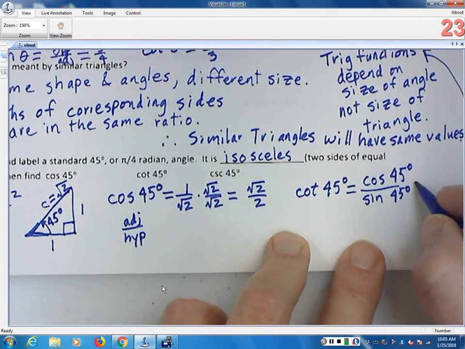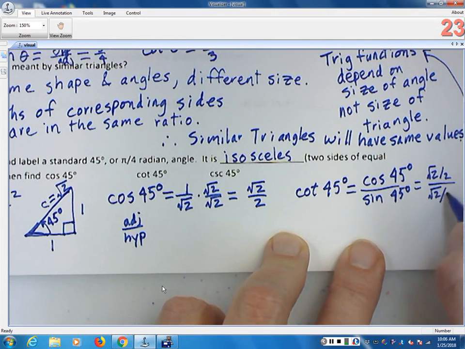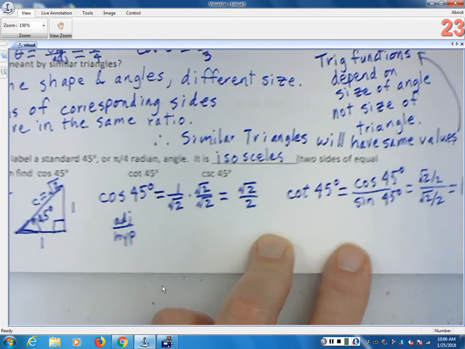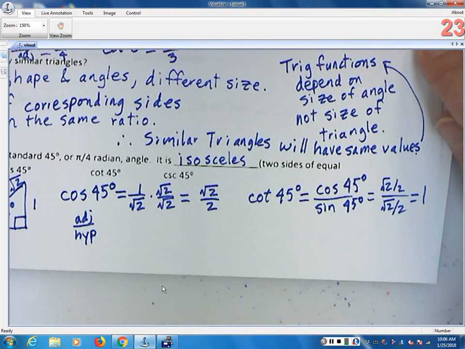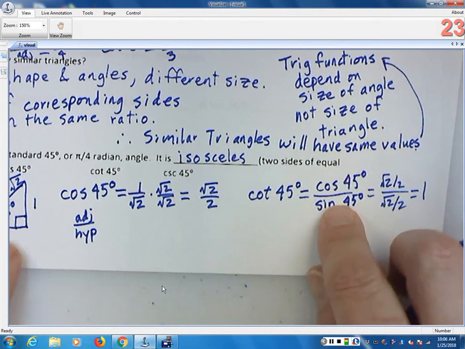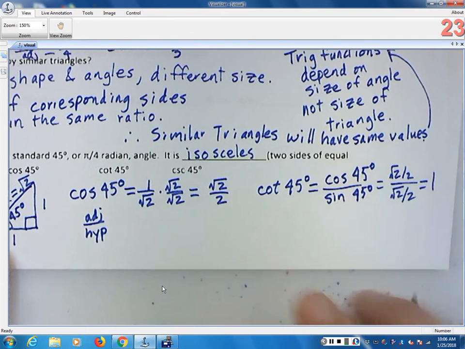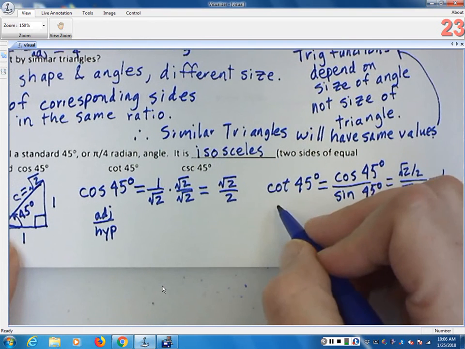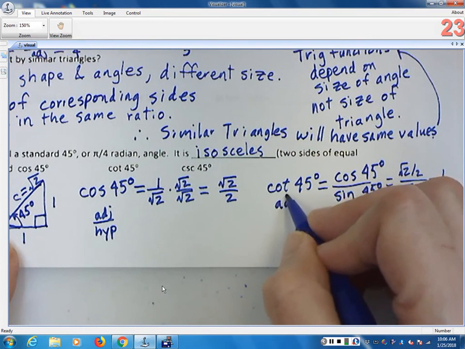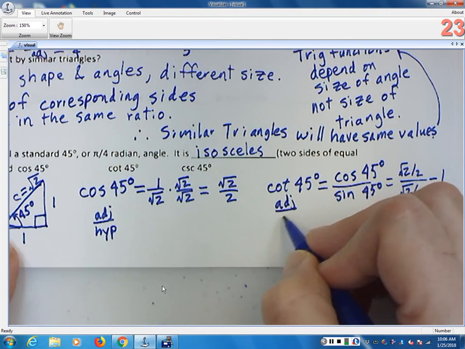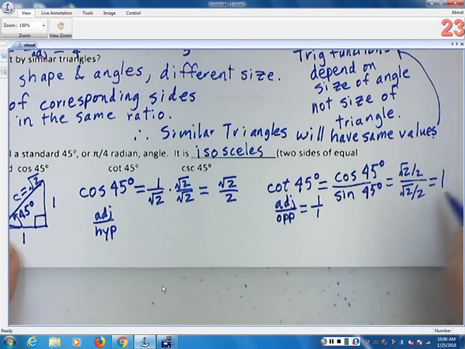So we're going to have the square root of 2 over 2 over the square root of 2 over 2, which is 1. I'm doing it this way, but I could be using the triangle. Cotangent is adjacent over opposite, which would be 1 over 1 is 1. So there's lots of ways to do these things.